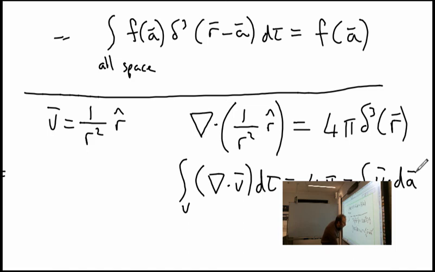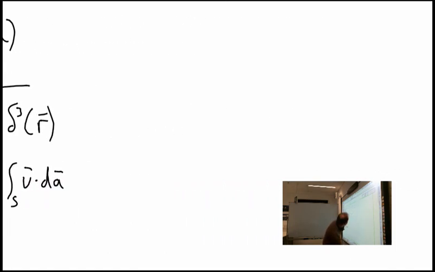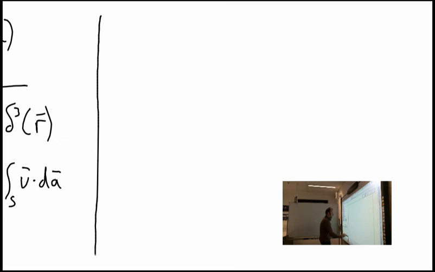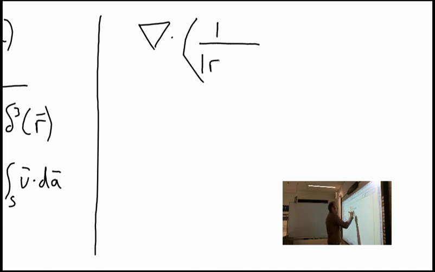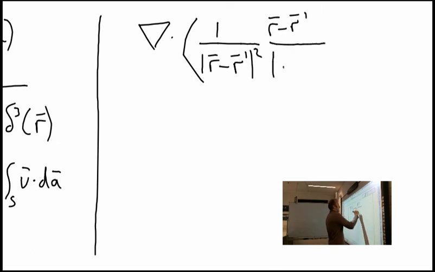And whenever we write this out more generally in terms of our position vector, we are going to have the divergence of 1 over the magnitude of r minus r prime squared, times the separation unit vector, which is r minus r prime over the magnitude of r minus r prime.